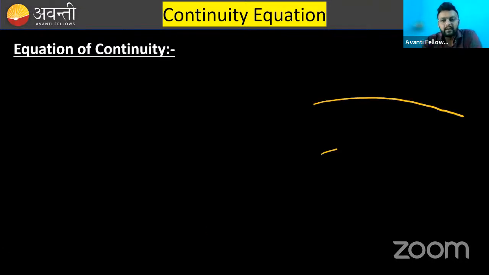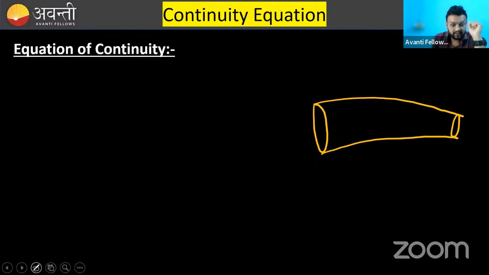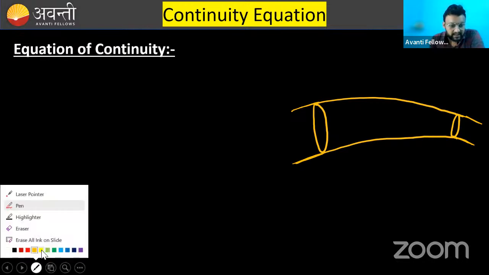Let's suppose this is a tube. This is a tube of flow, nothing else. And we are considering a cross section of the tube like this. What is the punchline of the previous class?